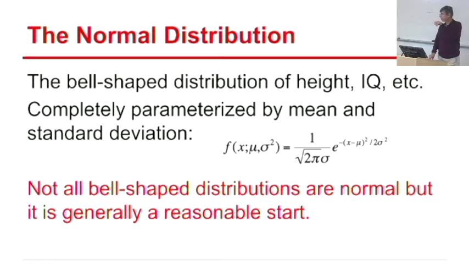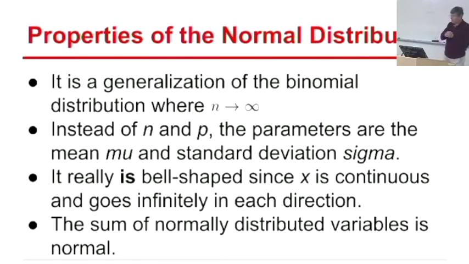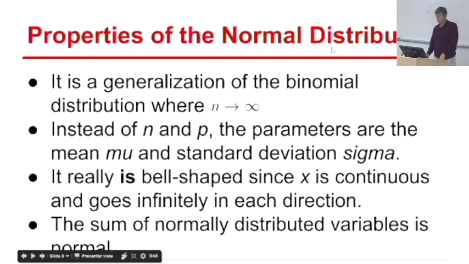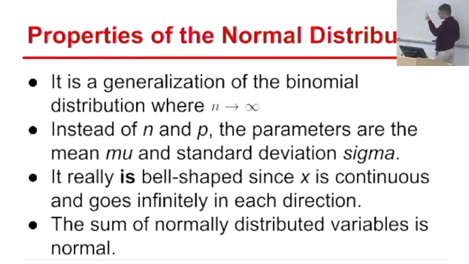Any questions? Okay. So what are the interesting properties of normal distributions? The normal distribution is essentially the binomial distribution where n goes to infinity. If we think about the binomial distribution, counting how many heads and tails you have, that is something I, as a computer scientist, understand because it's discrete and I do discrete math.